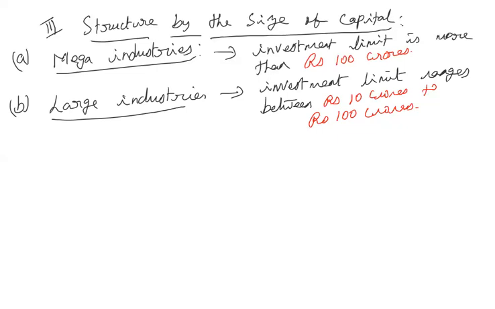Okay. Then we have the medium industries, small enterprises. Normally we say enterprises. Okay. Medium, small and micro.